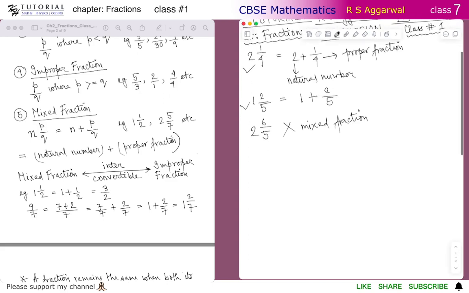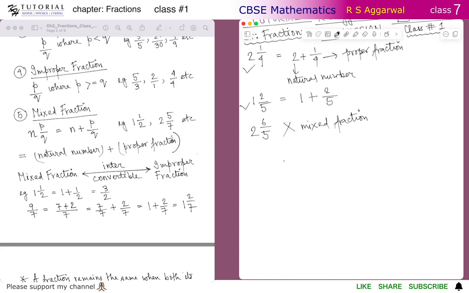Now you can always convert a mixed fraction into an improper fraction and an improper fraction into a mixed fraction. In the example, the mixed fraction 1 upon half is basically equal to 1 plus half, and if you do the math of 1 plus half, it is basically 3 by 2.